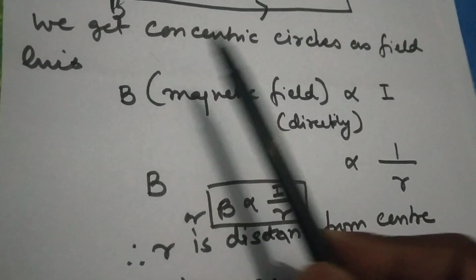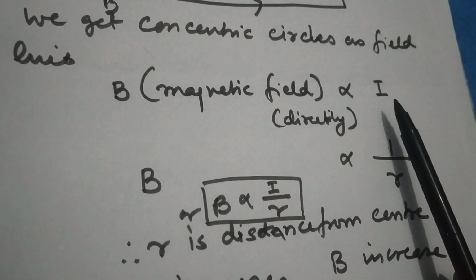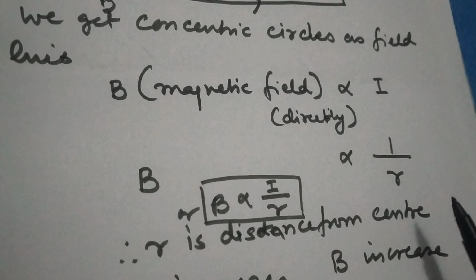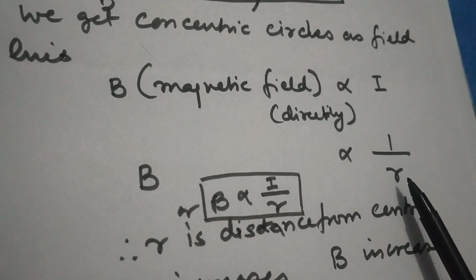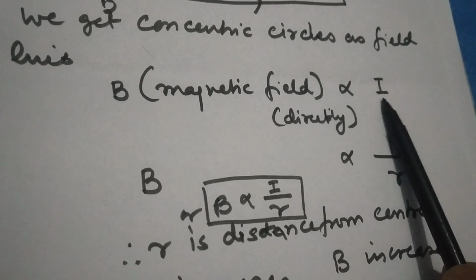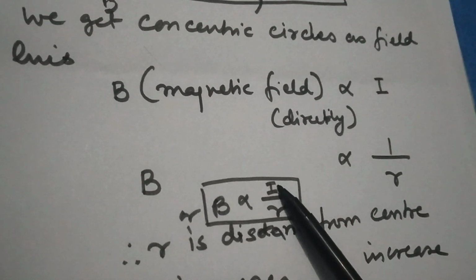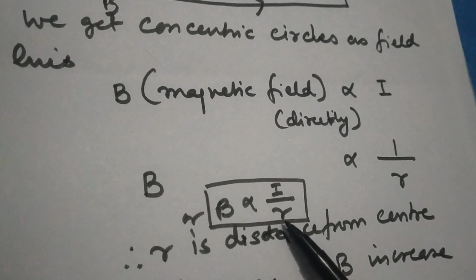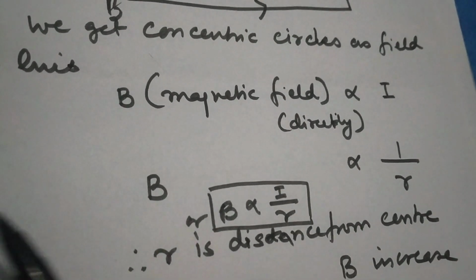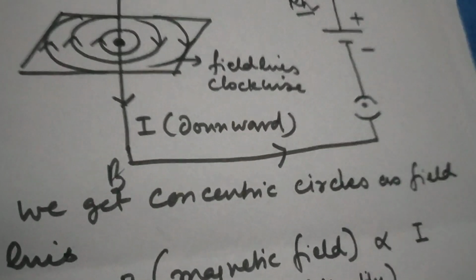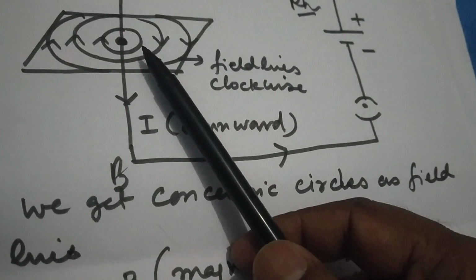Your magnetic field will depend upon two factors. One factor is current and the second factor is distance from the center. Since it depends on the current, it is directly proportional. And since all forces decrease with distance, similarly as we increase the distance from the center, the magnetic field will go on decreasing.